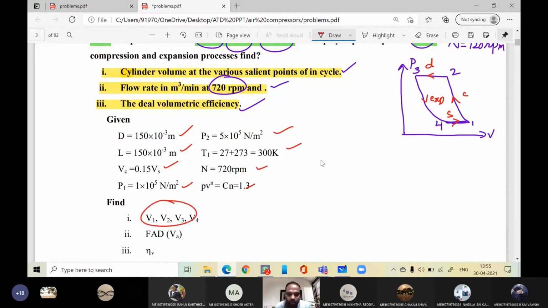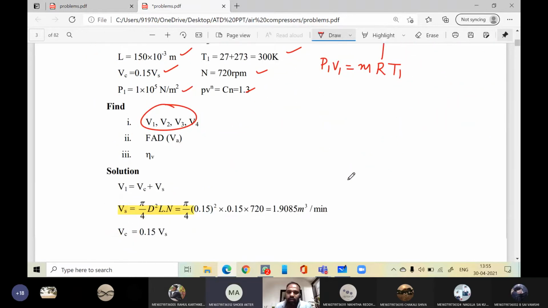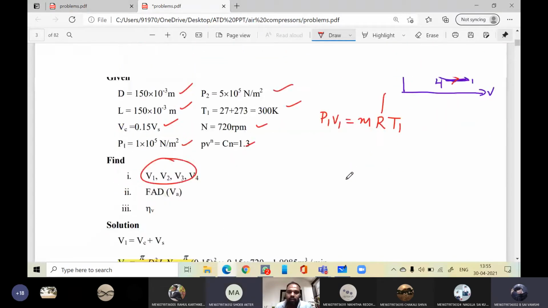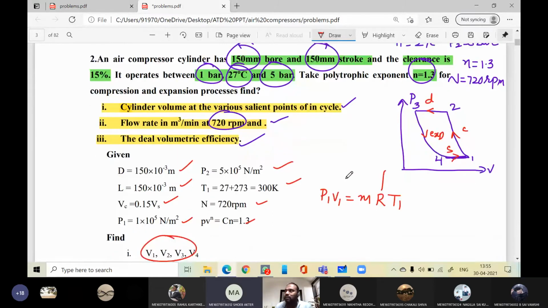For that, from the equation of state, P1 V1 is equal to m R T1. What is the value of R? It is the gas constant. For air, R is 0.287 kilojoules per kg Kelvin.